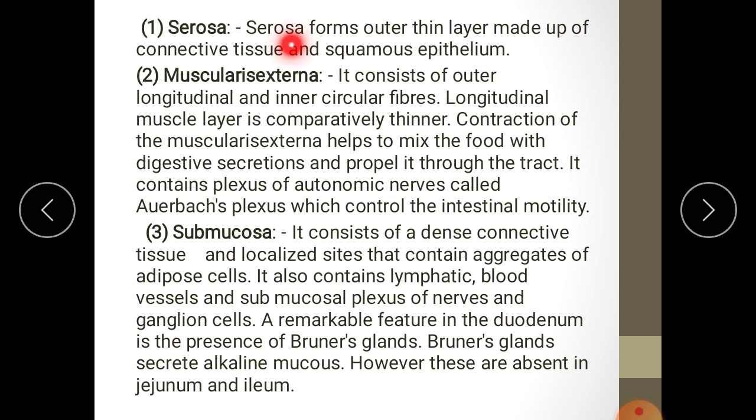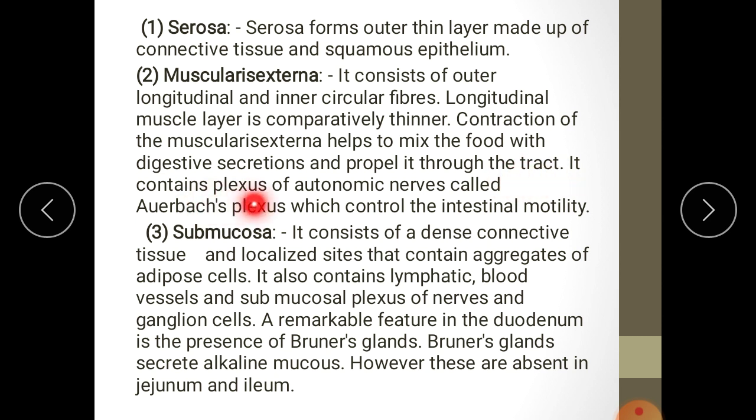So serosa forms outer thin layer made up of connective tissue and squamous epithelium. Second layer is muscularis externa. It consists of outer longitudinal and inner circular fibers. Longitudinal muscle layer is comparatively thinner. Contraction of the muscularis helps to mix the food with the digestive secretions and propel it through the tract.